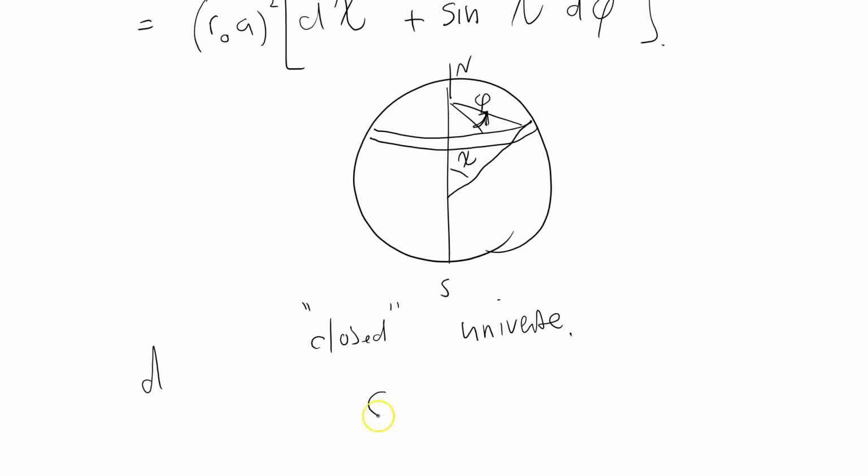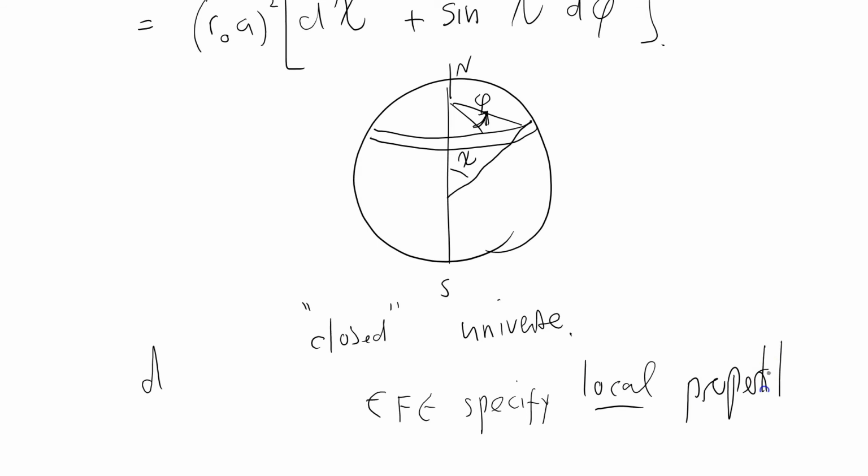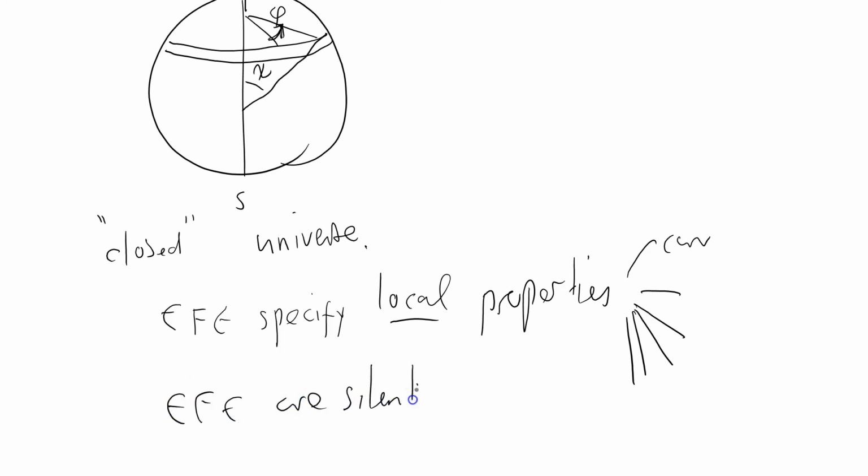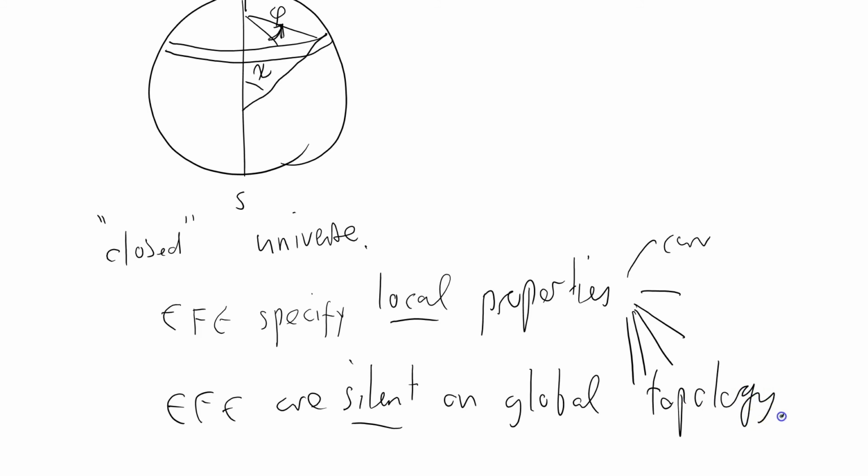The Einstein field equations specify local properties, things like local curvature, things like black holes and so forth. The Einstein field equations are silent on global topology. They do not talk about global topology at all.